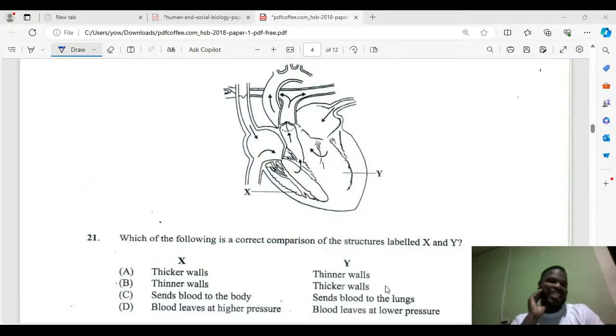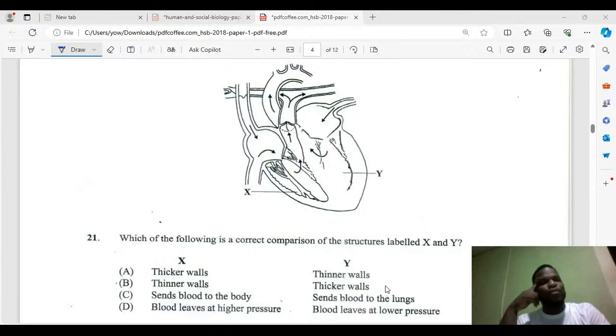because remember that X is on the left. Remember that X is on the left, and therefore what is left is right. So therefore it is the left side is carrying deoxygenated blood, and the right side is carrying oxygenated blood. So therefore there will be less transport of deoxygenated blood, because that blood is just going from the head and the body to the lungs to be oxygenated, right?